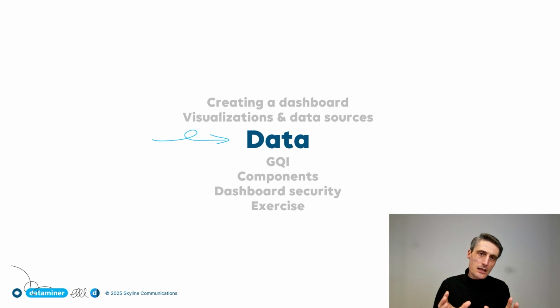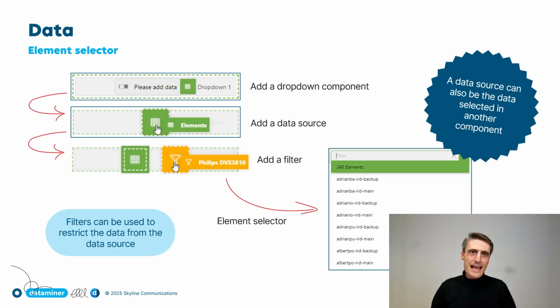So I want to create a dashboard where I can select the Microsoft server and it will show all the details about that Microsoft server. So therefore I need to get some data from the user. So we're going to add a drop-down component, an element selector, to our dashboard so that we can ask the user which server to show the details about.